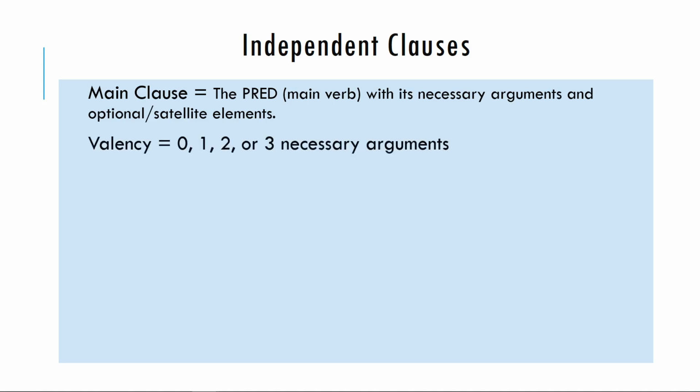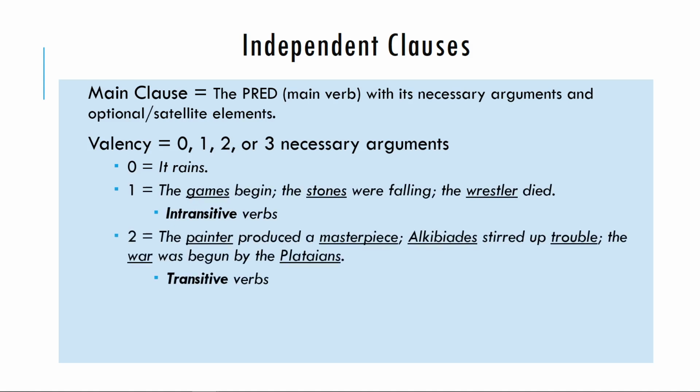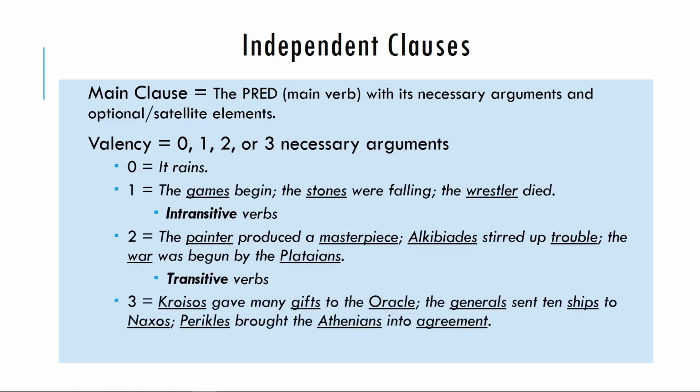And remember that independent clauses have valency, the verbs have valency, and so they have anywhere from 0 to 3 necessary arguments: 0 if it rains, 1 if you have an intransitive verb, so there's only a subject. 2 has a transitive verb that only takes one kind of object. And 3 is a transitive verb that requires 2 objects. So you give something to someone, you send someone somewhere.